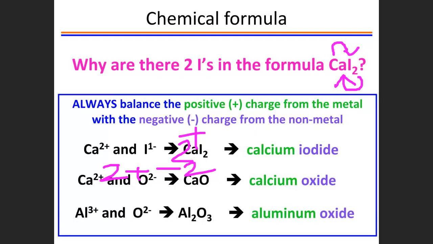We will talk about that when the topic comes. Like calcium and oxygen, calcium +2, oxygen -2, it's balanced. Aluminium +3, oxygen -2. So what we have to do is crisscross. To balance it, we multiply here by 2 and here by 3. So 3 times 2 is 6, and 2 times 3 is 6. So +6 and -6 equal 0. This is how we have to do that.